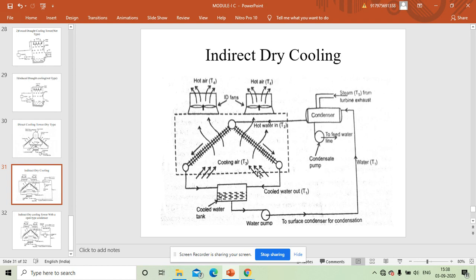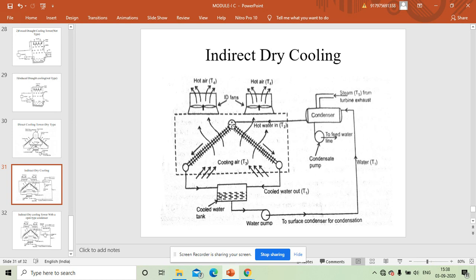So it is not taking place at this point. It acts as another system, so it is not direct type. But the cooling water we are using for the condenser absorbs heat from the steam and becomes hot water.